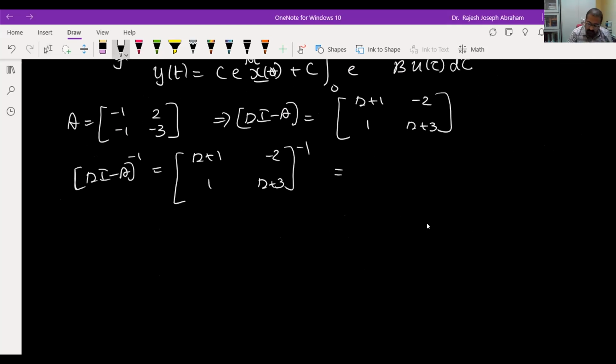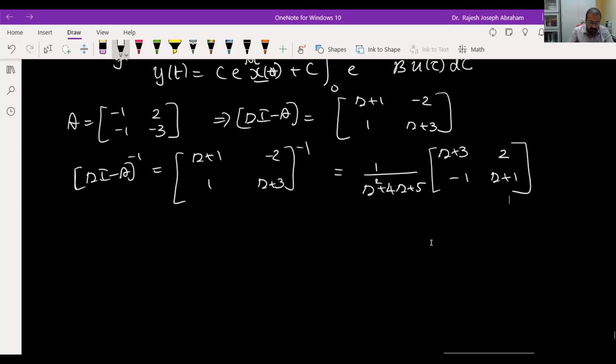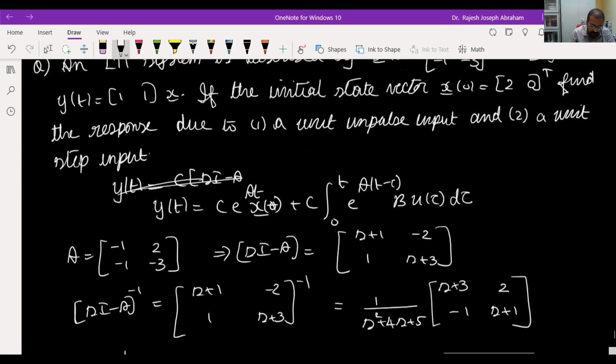So when you do that, you will get 1 by s square plus 4s plus 5. That will be the determinant part, into the adjoint [s plus 3, 2; minus 1, s plus 1]. Okay. Now what we need to find? C into (sI minus A) inverse. What was C?